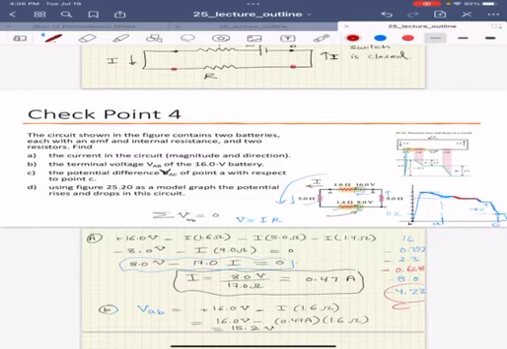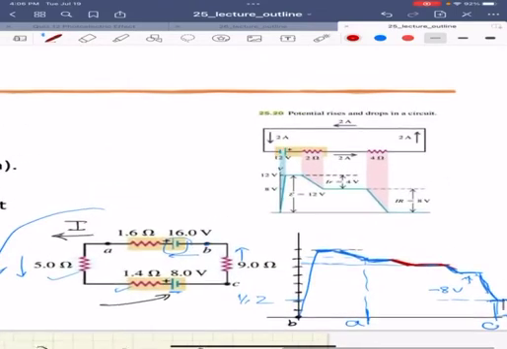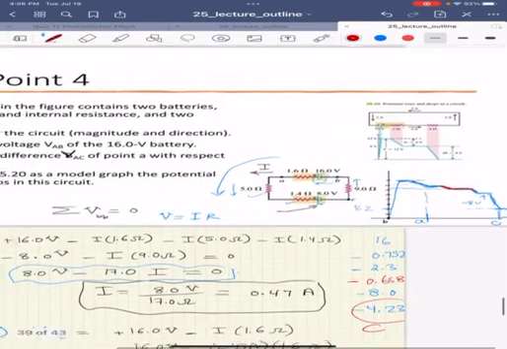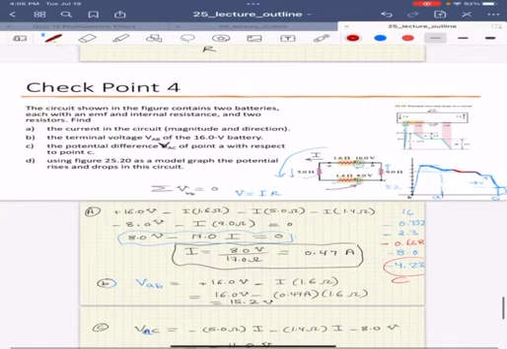And this picture is from your textbook, where we show how the voltage drops across the circuit. We're going to do the same for this circuit. With circuits, we always assume a direction, either clockwise or counterclockwise.